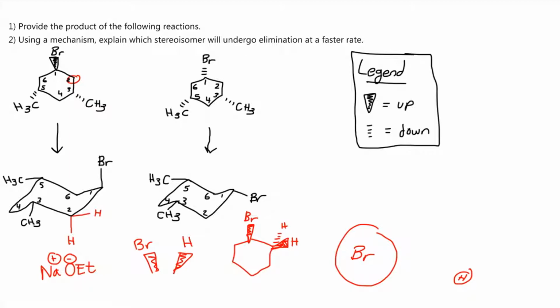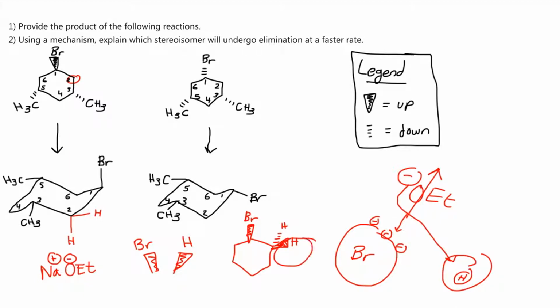So what happens is that when this ethoxide group comes to attack this hydrogen, it's going to have an electronic repulsion effect from the electrons on this bromine. So it will come near this bromine and then get pushed off, and it won't be able to abstract this hydrogen. That's actually what's happening over here between these two wedges, and that's the important concept that needs to be understood about anti-periplanar elimination.